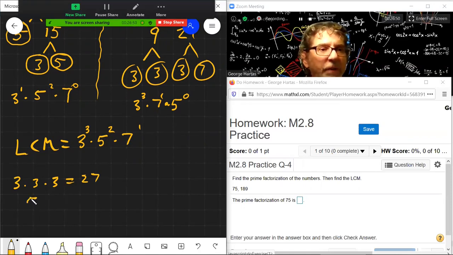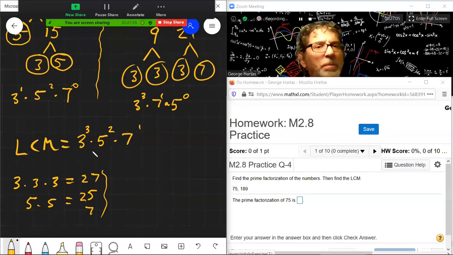Because 5 times 5 is 25. And then this is, of course, just 7. So we have to multiply all these out. It's not going to be fun, but we have to do it. So 27 times 25.